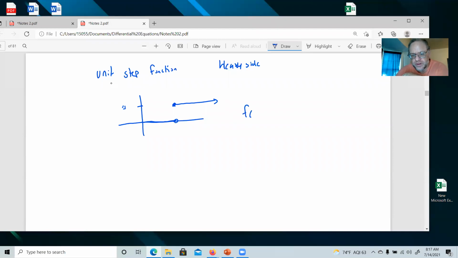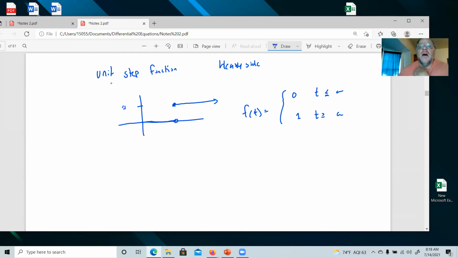So the unit step function f of t is equal to 0 when t is less than a, and 1 when t is greater than or equal to a. So once we hit a, it pops up to 1 and goes on forever, 0 until that point.